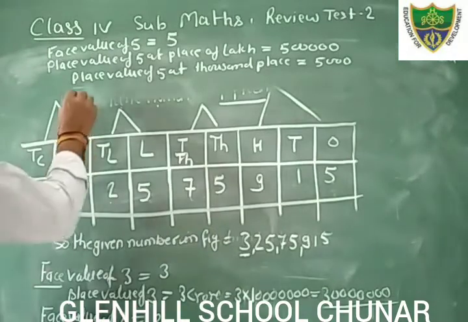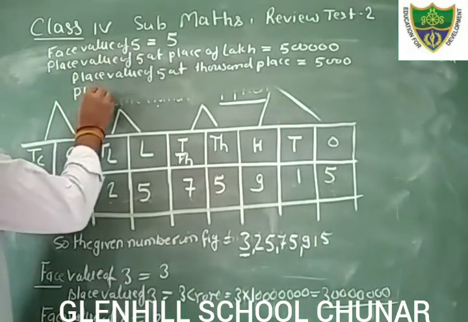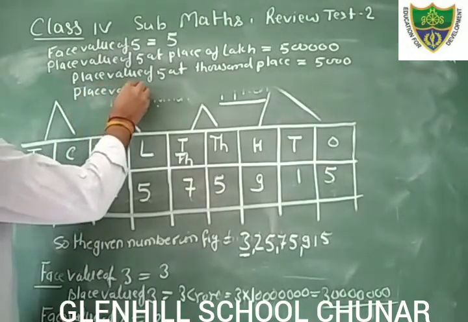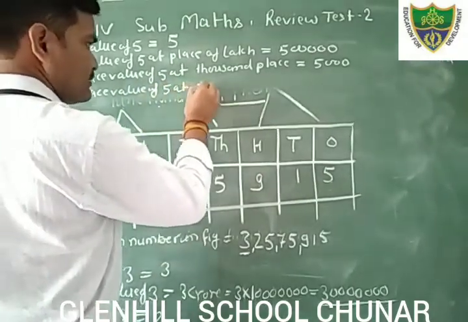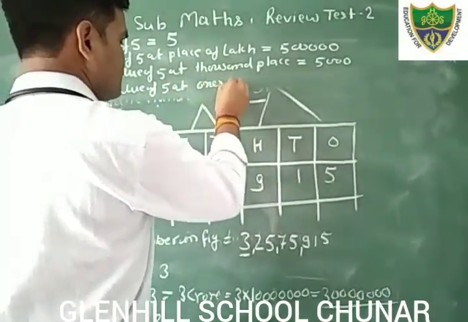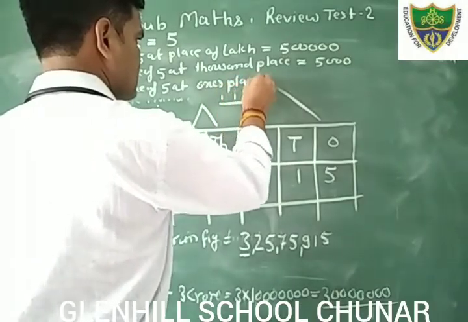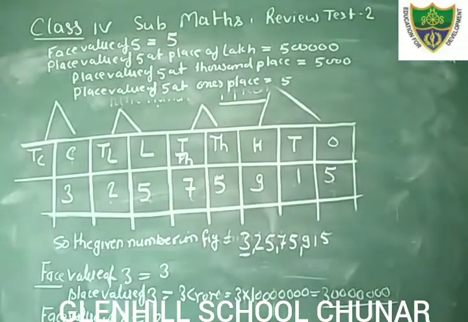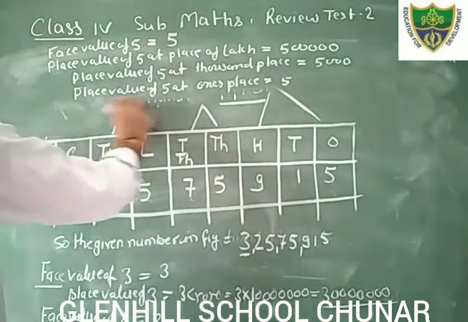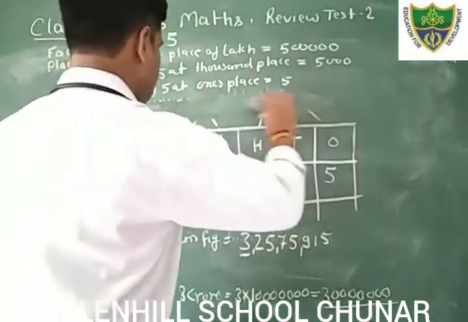Place value of 5 at ones place, that is 5. Okay. Now 2 more digits are given back.